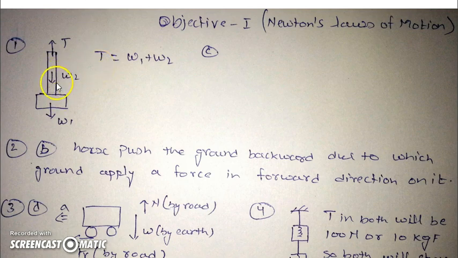W2 will be the weight of the chain, W1 the weight of the block or the body. So at this point tension will be W1 plus W2, only then the system can be in equilibrium. So the tension, or force on the ceiling by the rope, will be W1 plus W2.